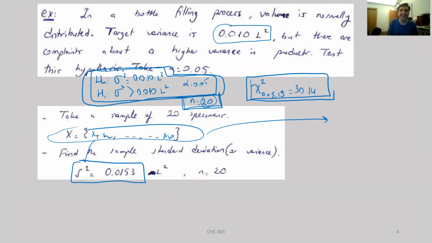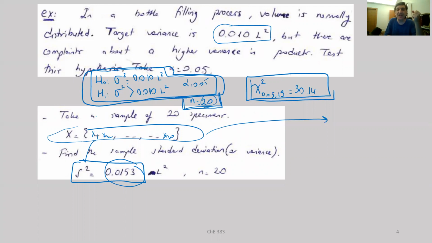Note that this is again greater than the null hypothesis. So the question is that the sample variance being greater than the hypothesized value, whether this value is significantly large so that we can deem this positive deviation from the hypothesized value a possible explanation.